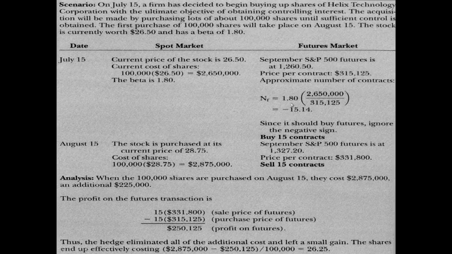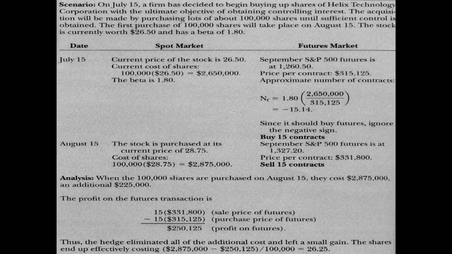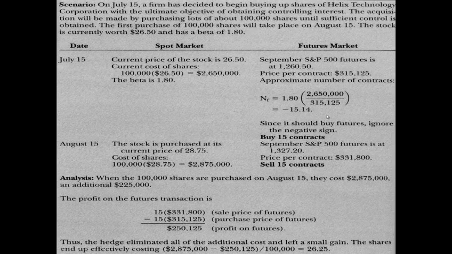That is the beta of the stock, 1.8, multiplied by the value of the portfolio, which is 2.65 million. This is the hypothetical value that I will be taking out, divided by the price of one futures contract, which is $315,000. So I buy 15 futures contracts.